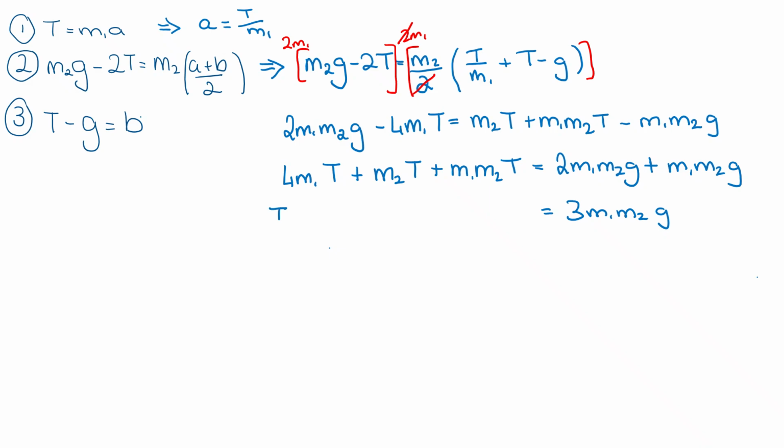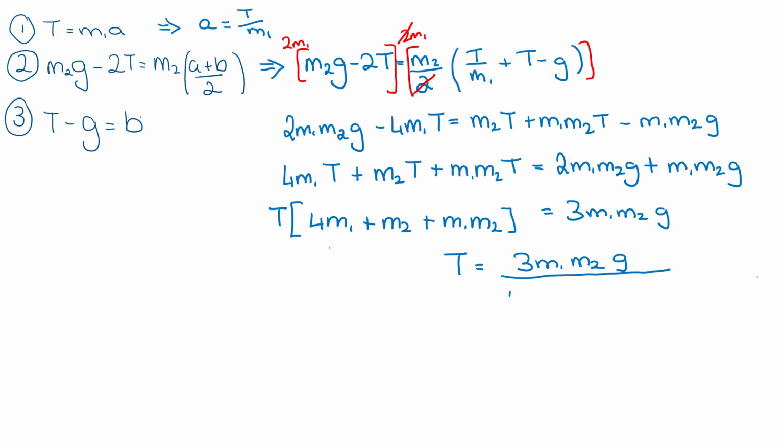We can pull our t out, highest common factor, 4 m1 plus m2 plus m1 m2, and then t is going to give us as an answer 3 m1 m2g all over 4 m1 plus m2 plus m1 times m2. And that's our answer for t in terms of our m1 and m2.